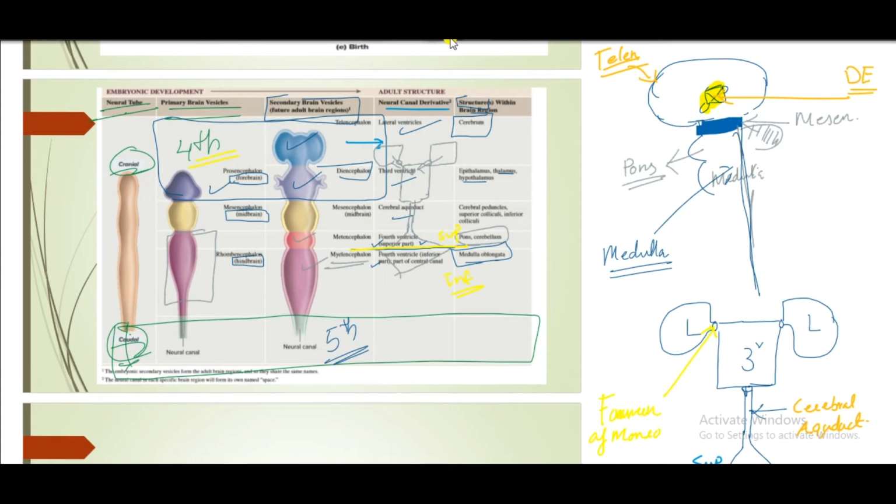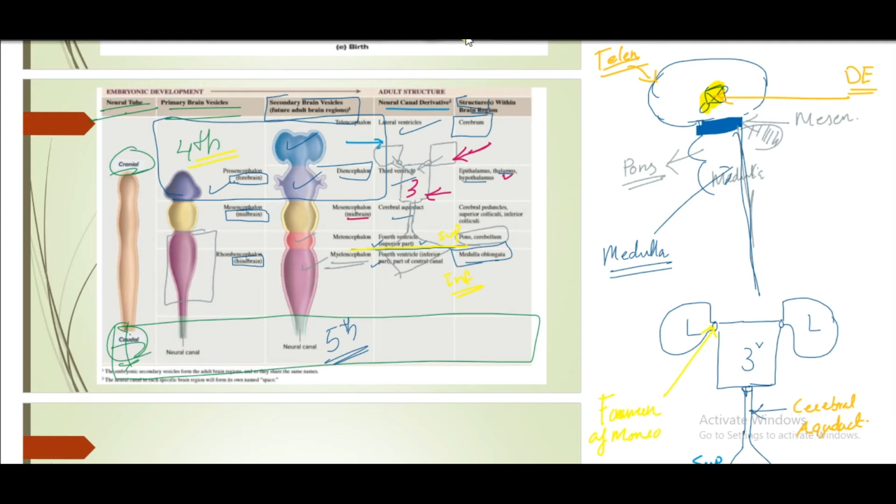Okay, let's look. Lateral ventricle is located in the cerebrum, and lateral ventricle is the derivative of telencephalon. And epithalamus, thalamus, hypothalamus, you can see there is a ventricle known as third ventricle, between the thalami.